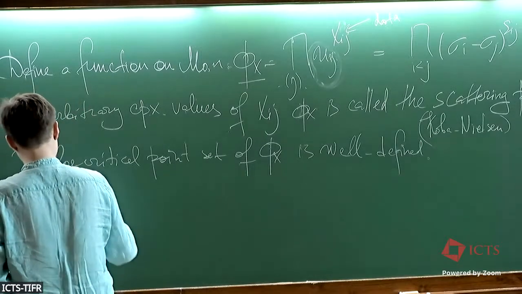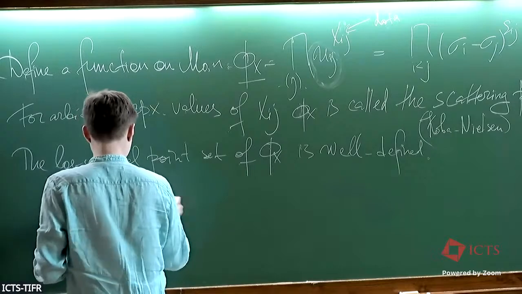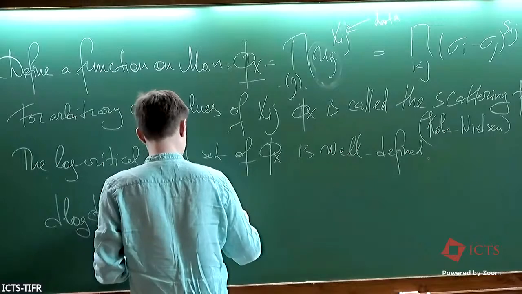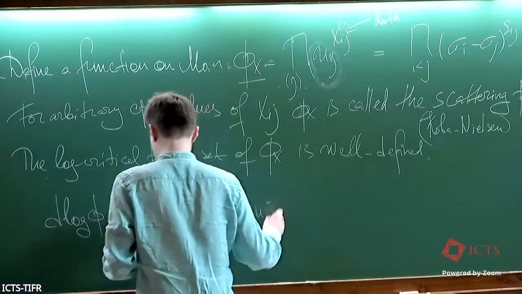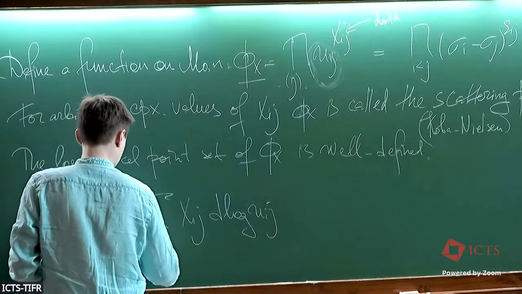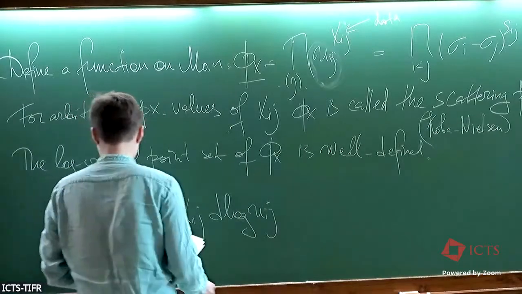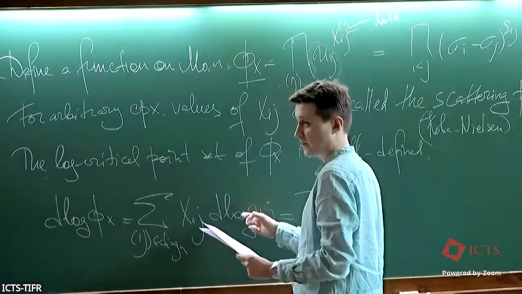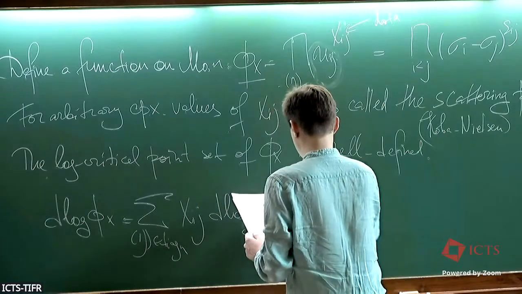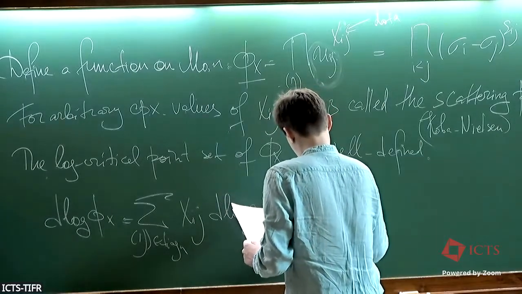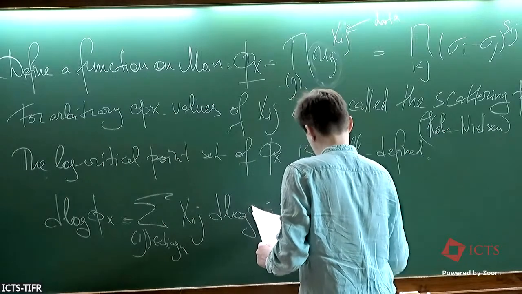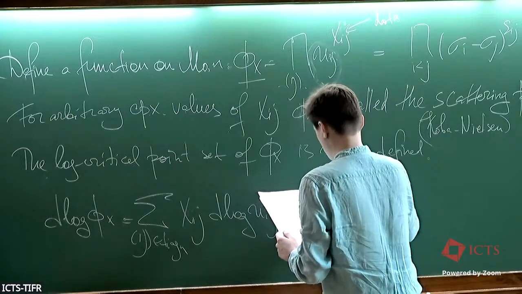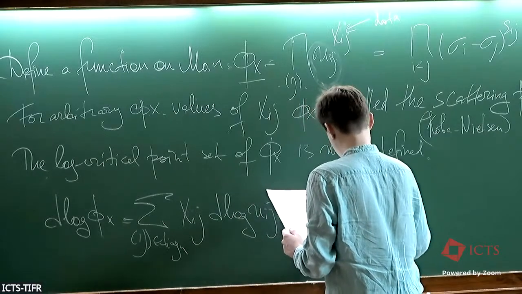So we differentiate the logarithm of this function in the way that we normally do. The logarithmic derivative of this is again some function, and we sum over all pairs ij such that they give a diagonal of an n-gon. And we end up getting a rational function.